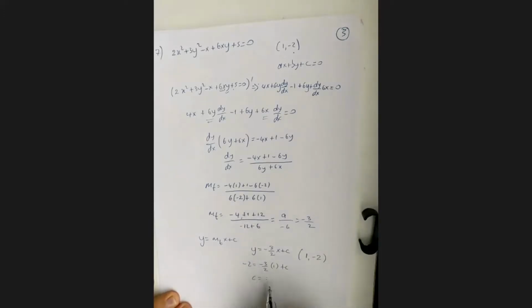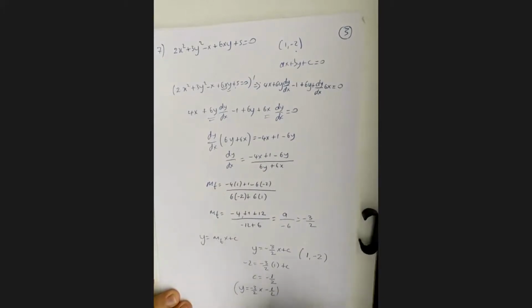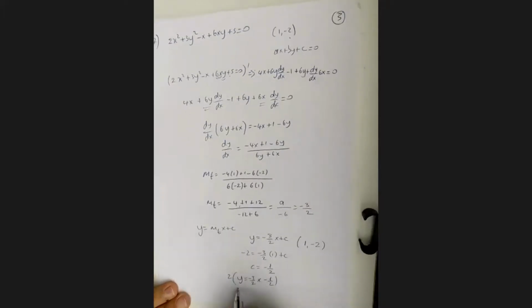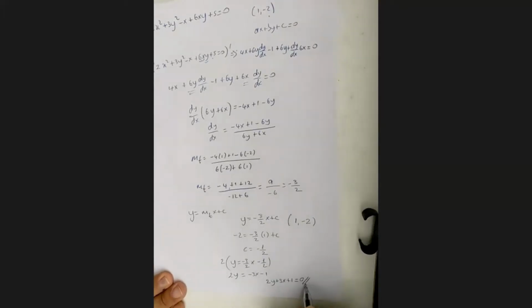So c is equal to minus 1 over 2. y is equal to minus 3 over 2 x minus 1 over 2. Multiply the whole expression by 2: 2y is equal to minus 3x minus 1. And we are going to write this in the form 2y plus 3x plus 1 is equal to 0.